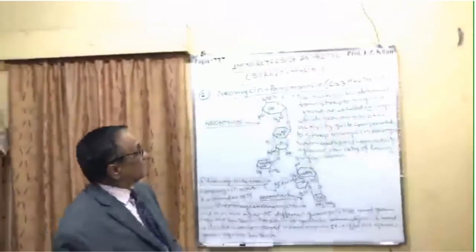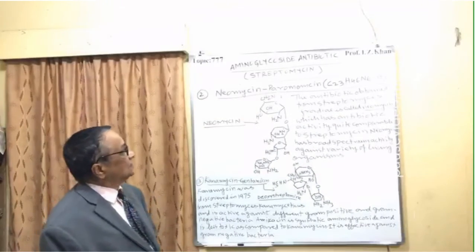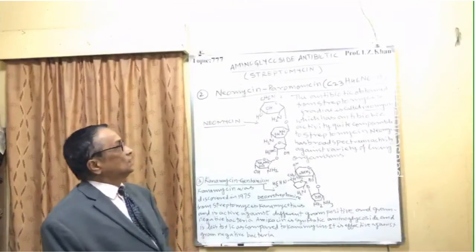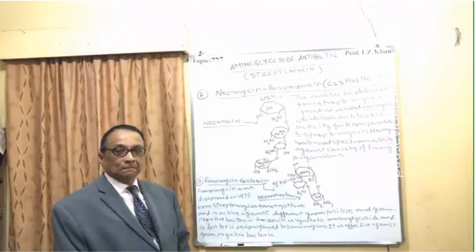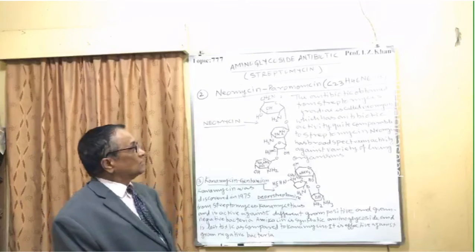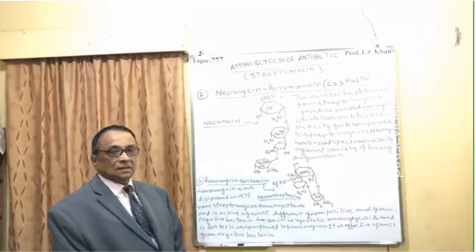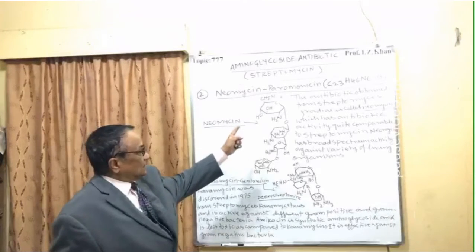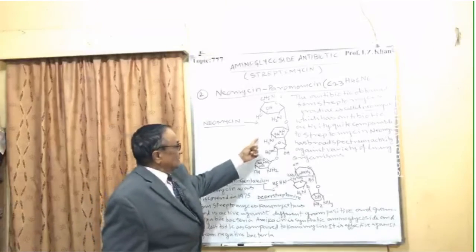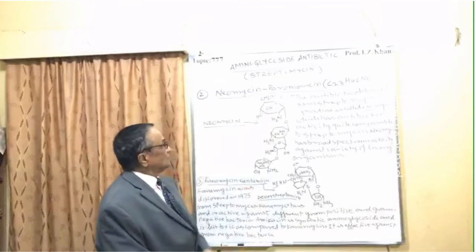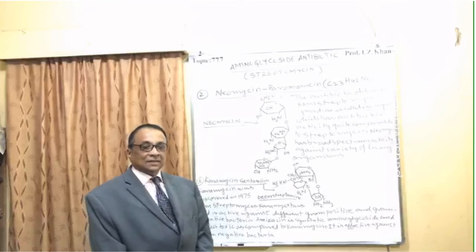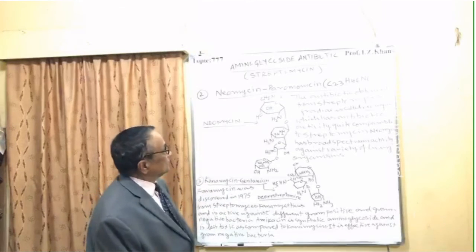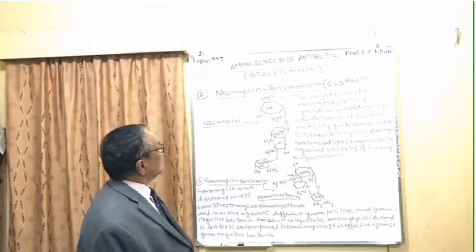So the second one is neomycin, and that is paromomycin, and it has molecular formula C23H46N6O13, and the structural formula is given here. Here is how these hexagonal rings are arranged in neomycin.